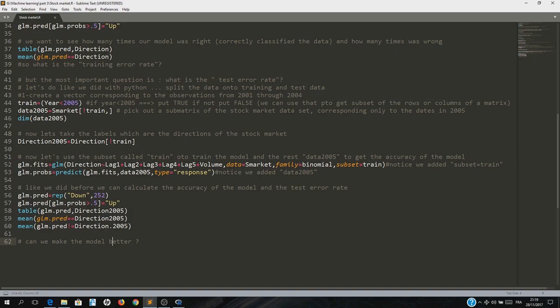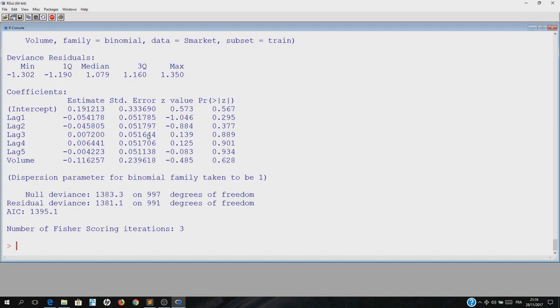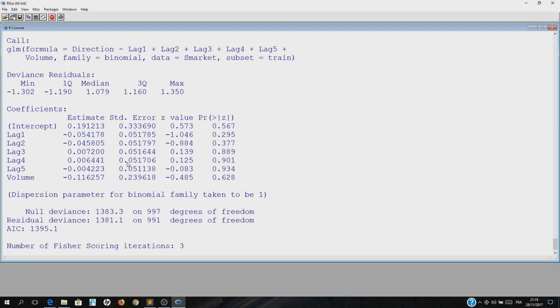How? You remember? Let me show you the summary of our model. You remember when I told you that how to improve the model is that sometimes you are adding many more features than you need.